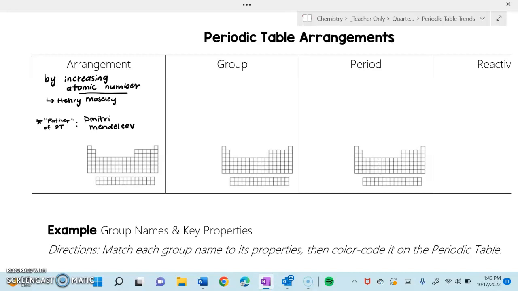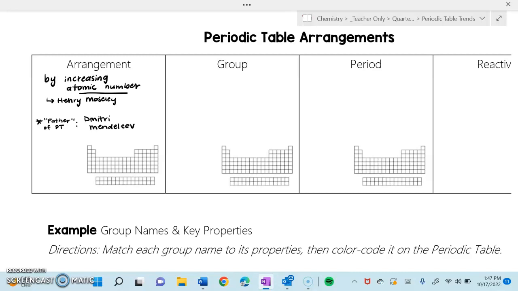And he was proven to be correct in time with those particular elements that he predicted. One of them is gallium. So Dmitri Mendeleev predicted the properties, location, and identity of several elements, and that's why he is given the title father of the periodic table.